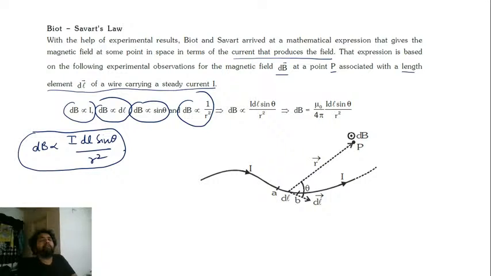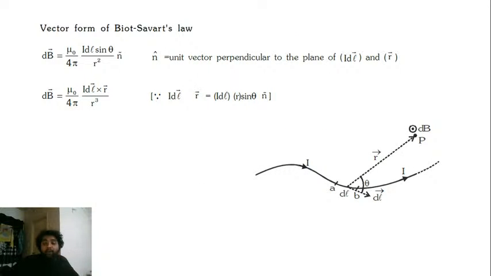This logic will be very important for you to solve any problem, not just one or two, but any problem you want to solve in this. This logic you have to apply. The equivalent value is mu naught by 4 pi. So in vector form अगर देखा जाए, one thing we know, whenever you get sin theta, sin theta का meaning यही है कि it is having some cross product.